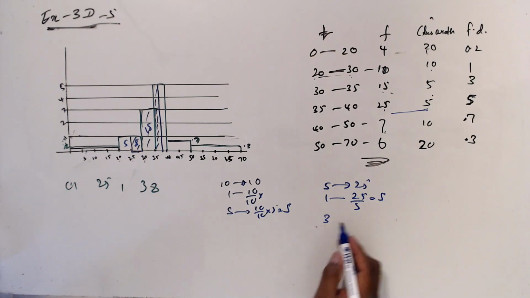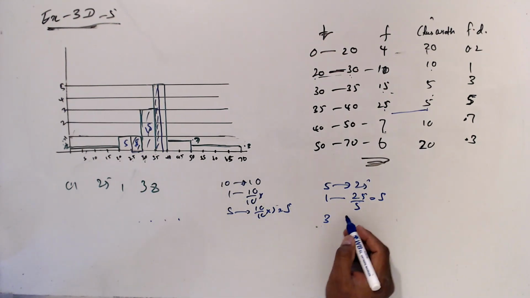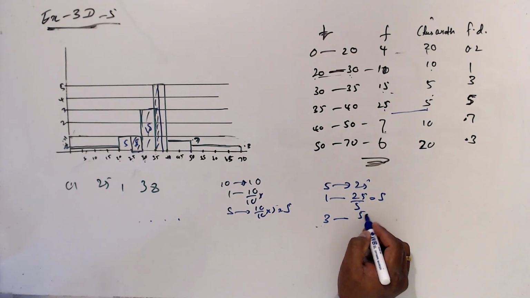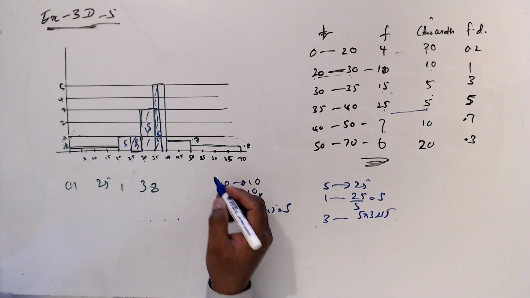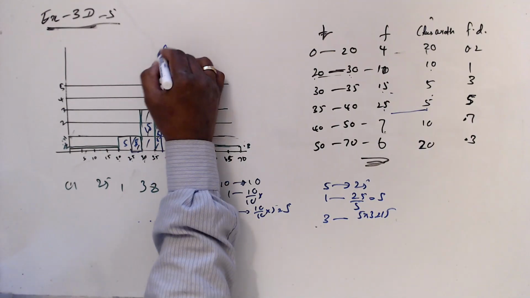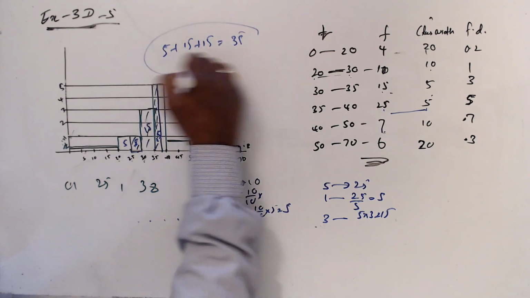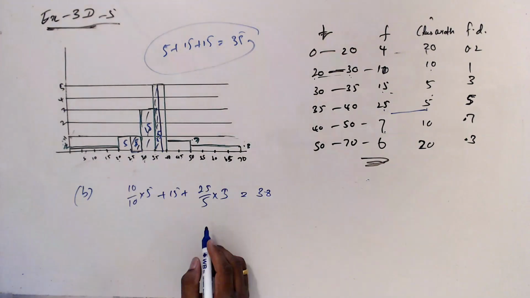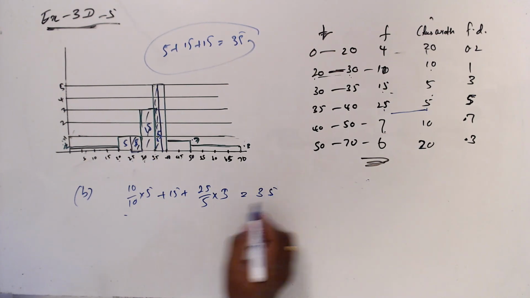Then 3 class widths, 35, 36, 37, 38, 3 represent 5 times 3, 15. So this is 15. It means 5 plus 15 plus 15, that is going to be 35. So the answer for part B is this.